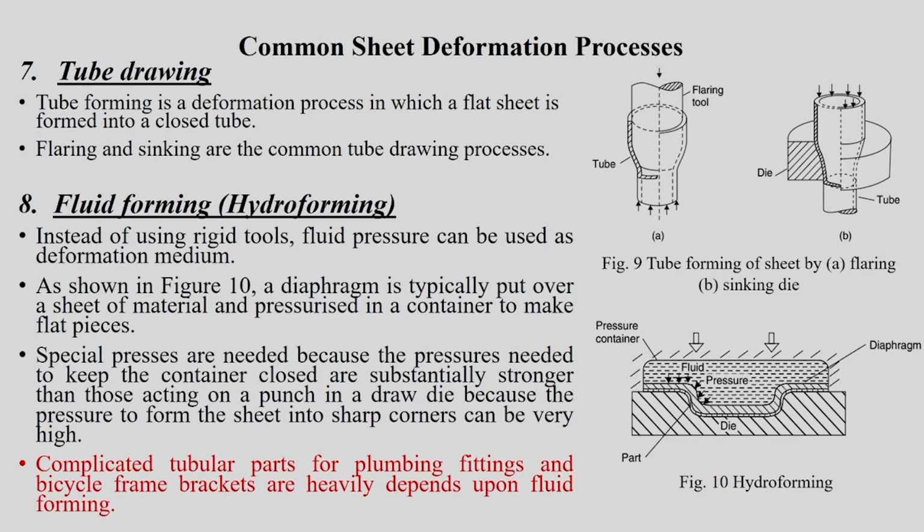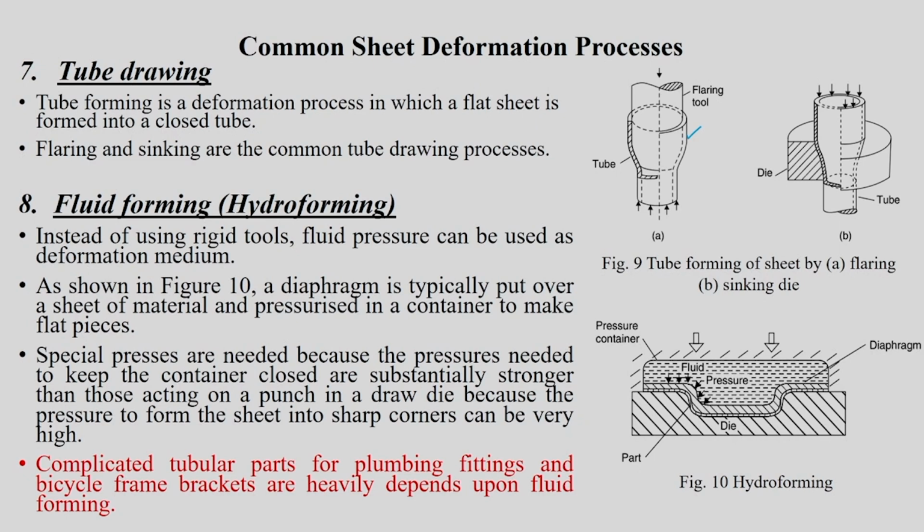So tube drawing is also possible. Like I gave an example before that sheets are raw materials here, but other than that you can also have tube as a raw material. Tube means metallic tube, made of aluminum alloy or stainless steel, let us say.